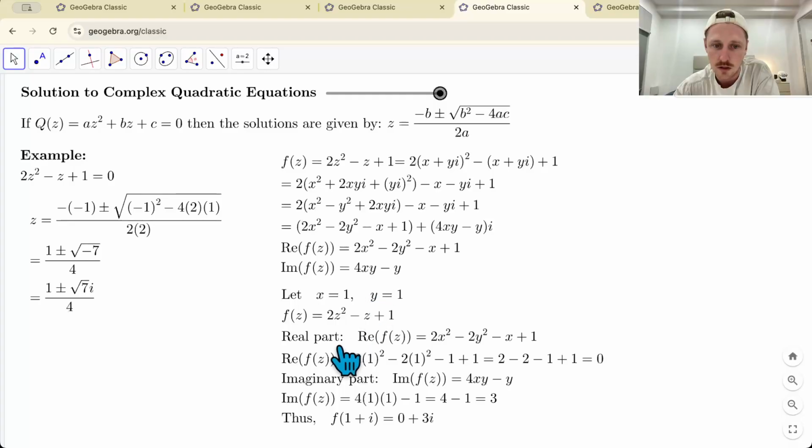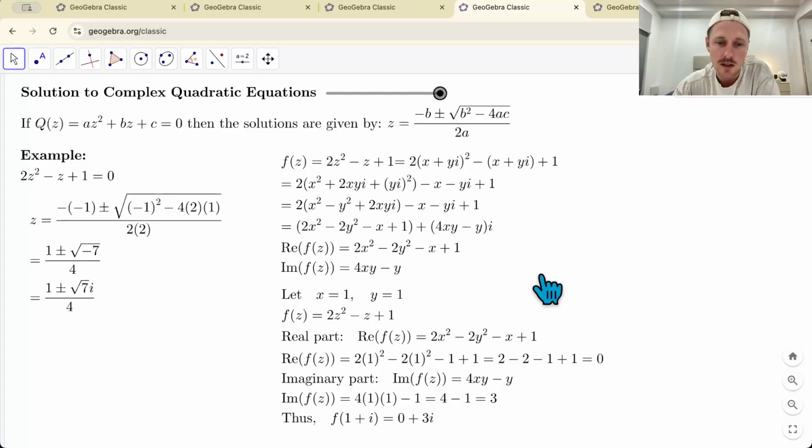These numbers are randomly picked just for illustration purposes. The real part turns out to be 0 if x is 1, and the imaginary part turns out to be 3. If you substitute x being 1 and y being 1 into the imaginary part here, you'll get that it's equal to 3.